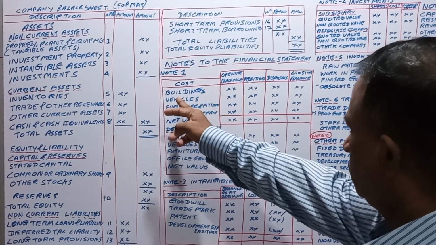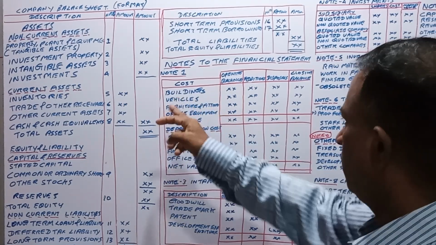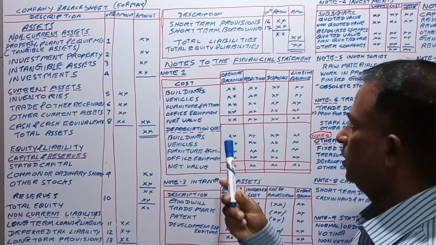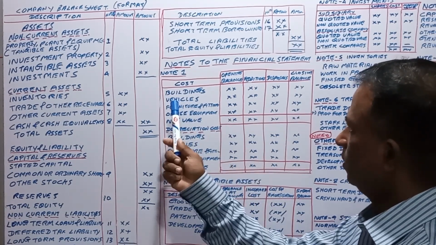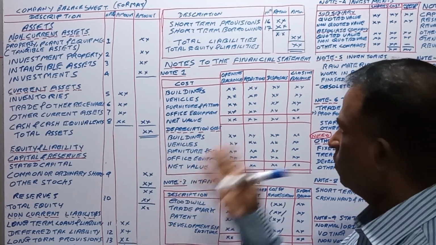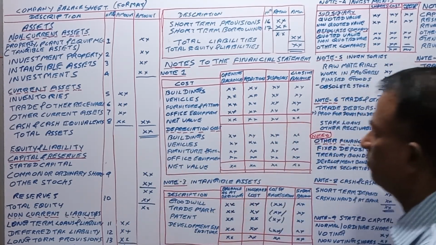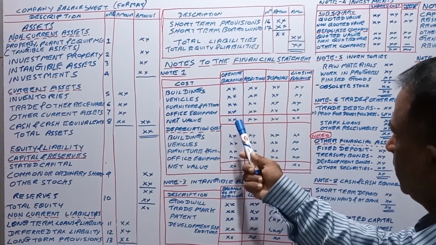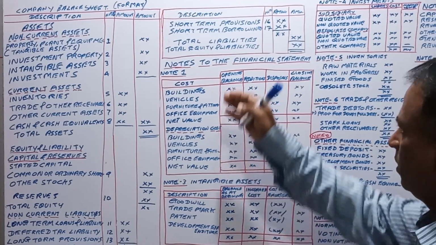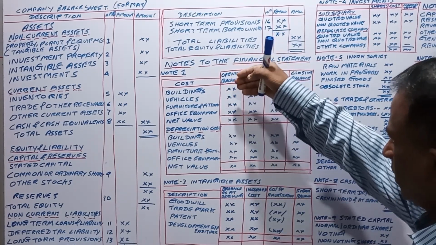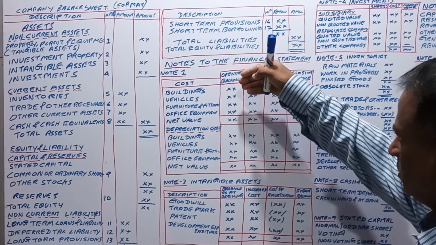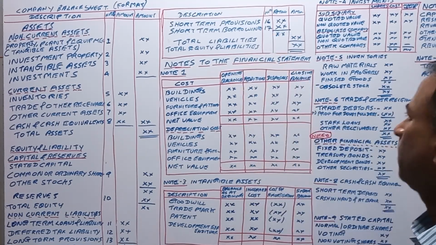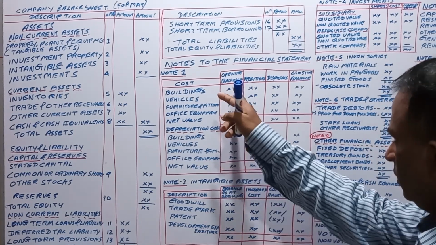In the first column, cost, you will give the narration of whatever items, maybe buildings, vehicles, furniture and fittings, office equipment, etc., right? The second column is the opening balance column. Whatever the previous year's closing balance is, is the opening balance of the current year, right?